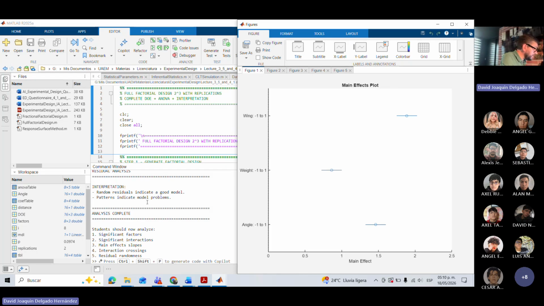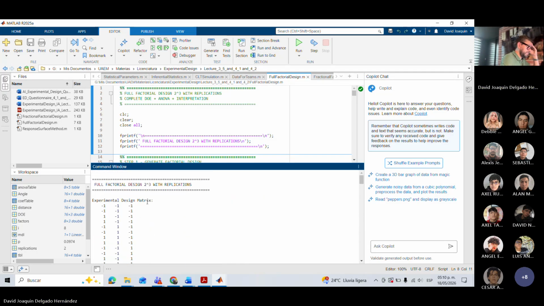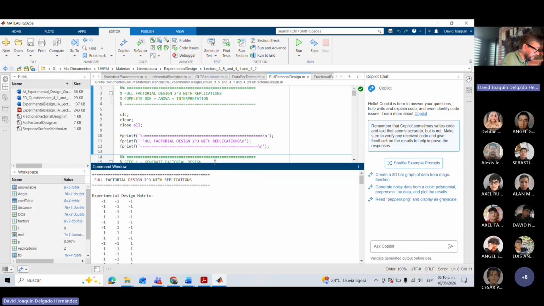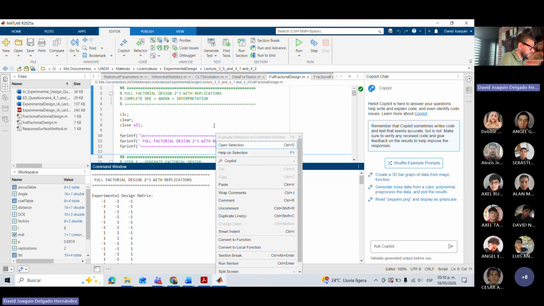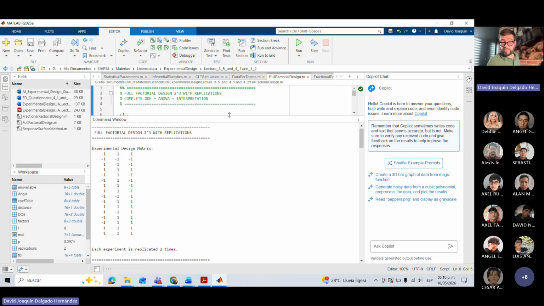And you can see here in the command window the results of the calculations. So please run the script that I have put on the chat here in Teams. Run the script, and you are going to have these results. Okay.